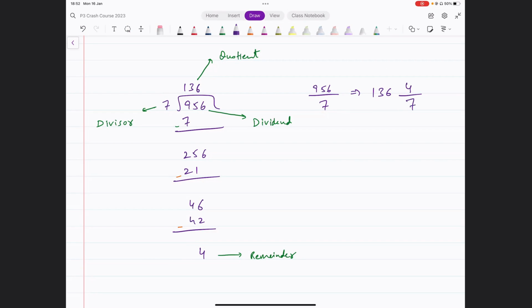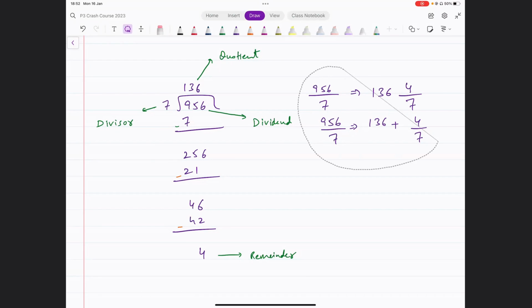So we could write 956 over 7 as a number like this, 136 whole 4 over 7. Another way of writing the same thing could be, you could say this is 136 plus 4 over 7. 956 over 7 is the same thing as 136 plus 4 over 7.